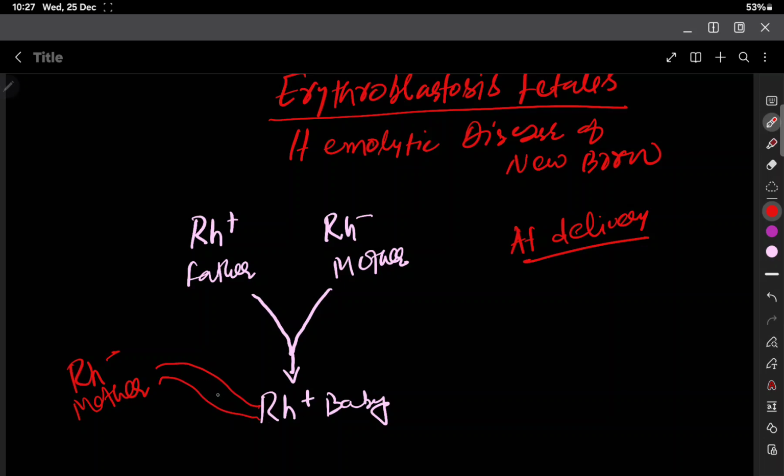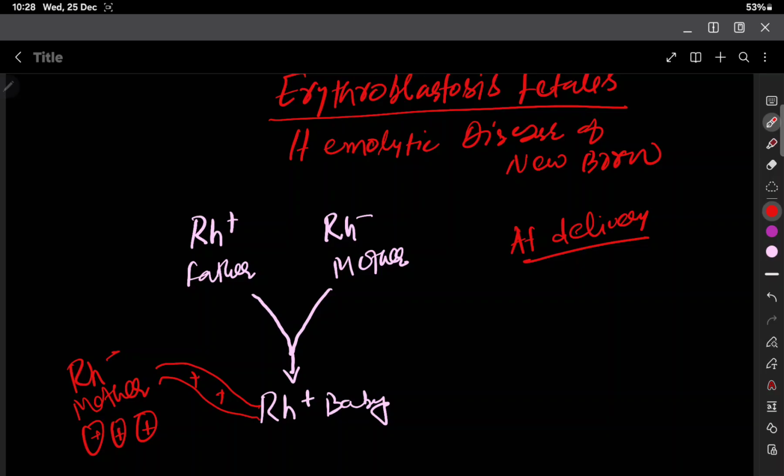They can enter at the time of the delivery. So these invading RH positive blood cells cause the production of RH antibodies.